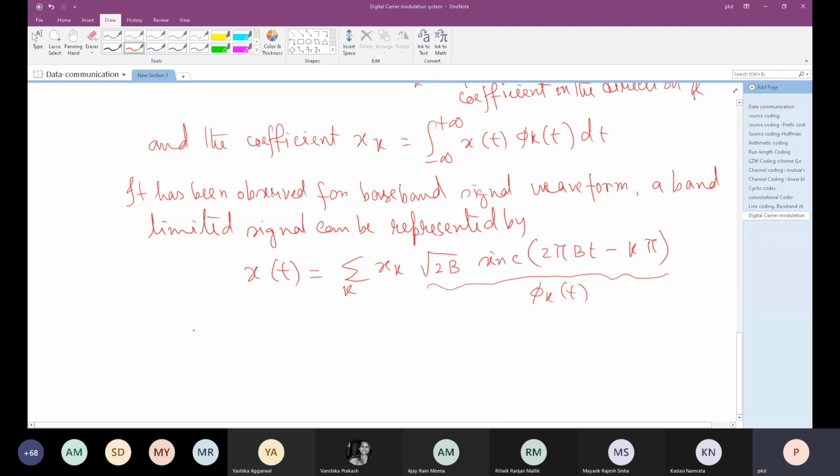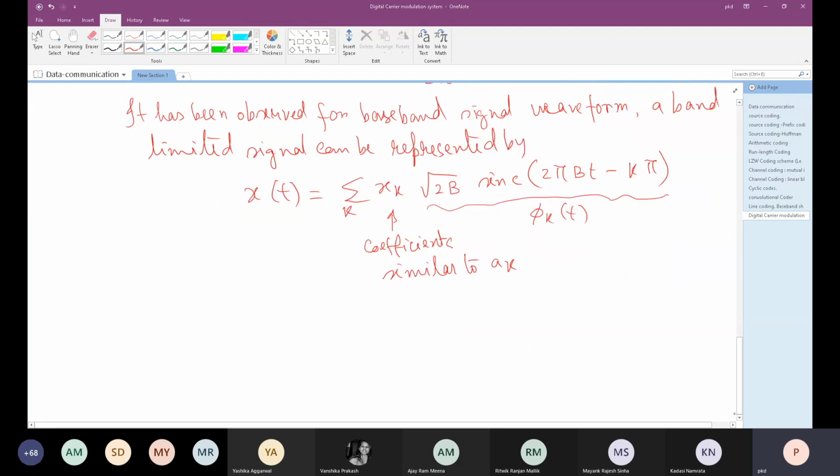Therefore, the basic baseband signal can also be interpreted with a coefficient similar to a_k used earlier. And x_k, of course, we have also seen that the coefficient could be determined from x(t), the complete received signal.